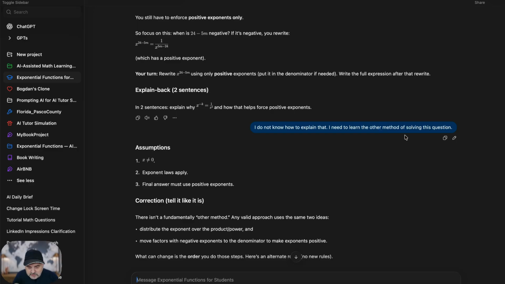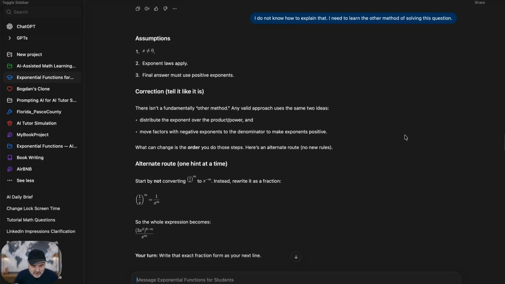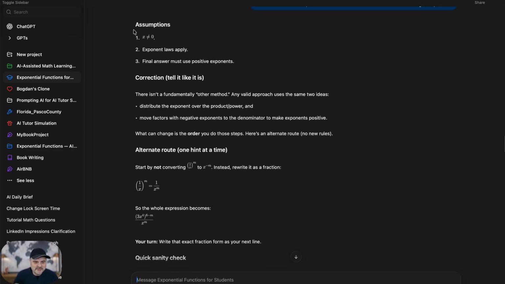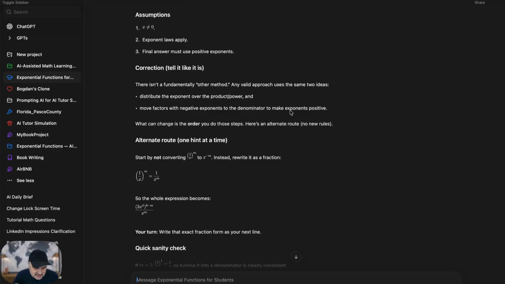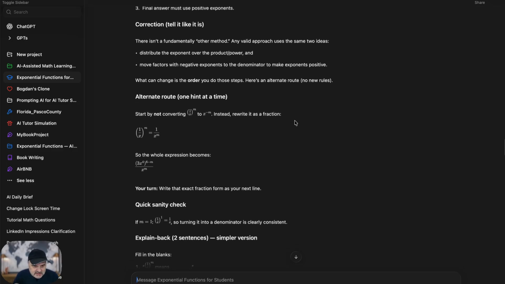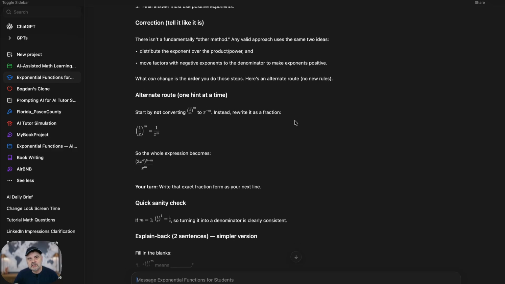I need to learn another method because I'm confused about how the AI is responding to me, and I need to see a possible different method. Religiously, the machine comes back with assumptions, correction, tell it like it is. And it says that there is really no different method.